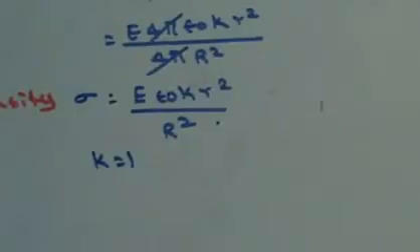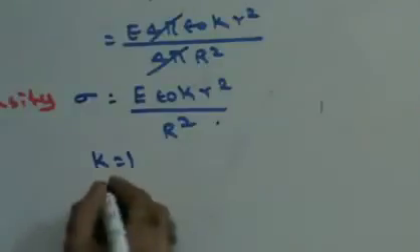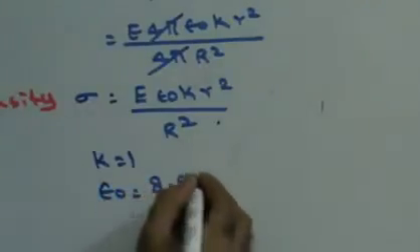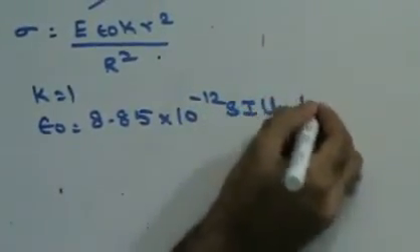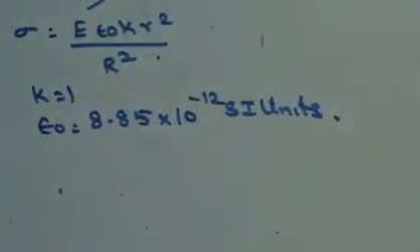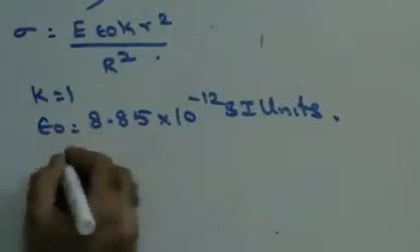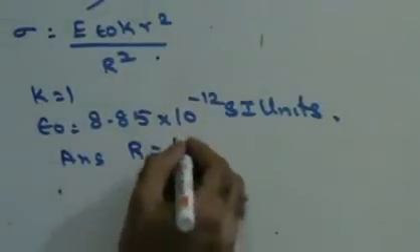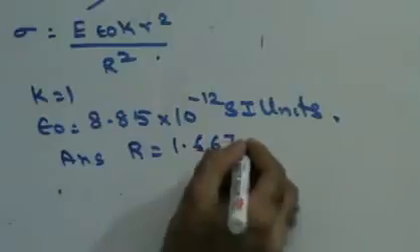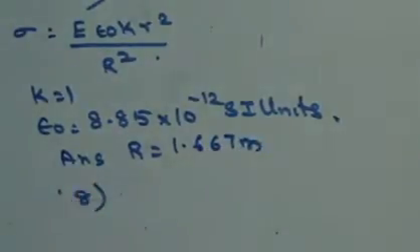I know the value of epsilon 0 by heart: epsilon 0 is 8.85 into 10 raised to minus 12 SI units, a constant value. So you could substitute these values and get the answer. The answer for the sum should be that the radius of the sphere is 1.667 meters.